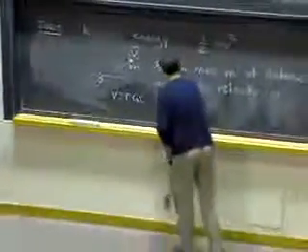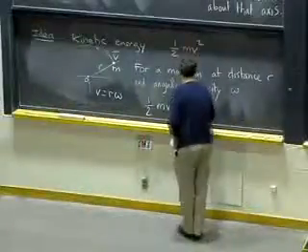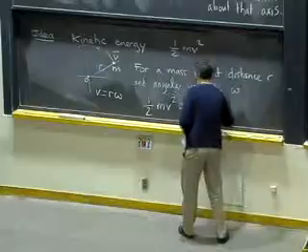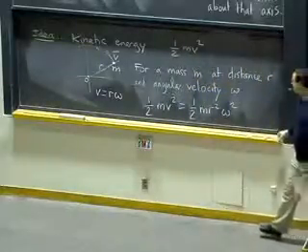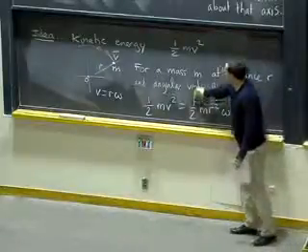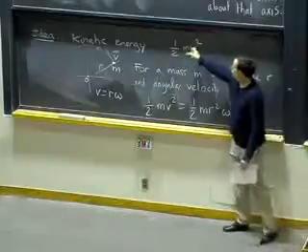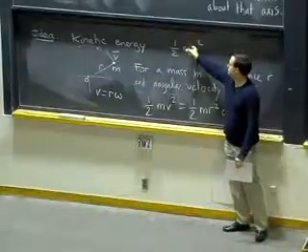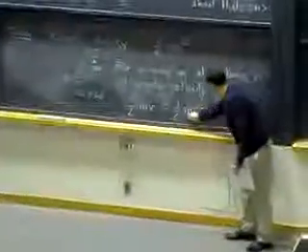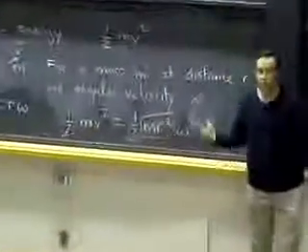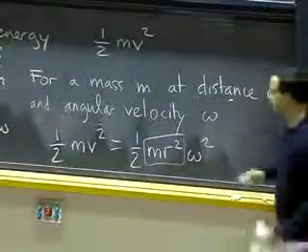And so the kinetic energy is 1/2 m v squared, which is 1/2 m r squared omega squared. By similarity with that formula, where the coefficient of v squared is the mass, here the coefficient of omega squared, m r squared, is the moment of inertia. That's how we define the moment of inertia.